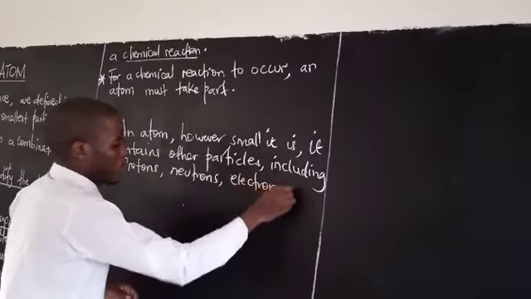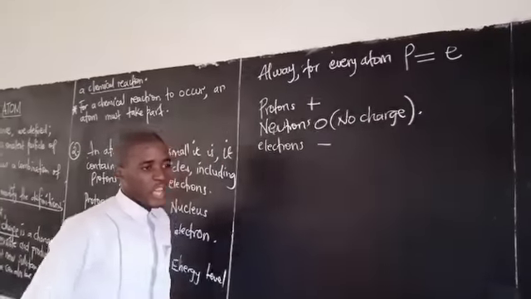What is this helping us to do? Always in the atom, the protons carry a positive charge, neutrons carry no charge, and electrons carry a negative charge.